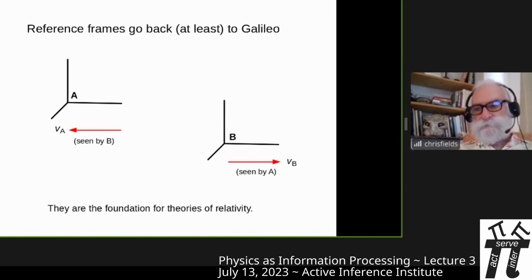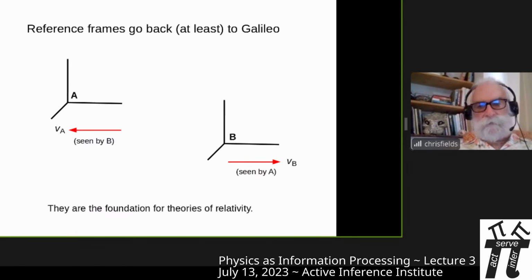And of course, with respect to the world, you're passing by it with some velocity. And this idea that velocity is not absolute, but is relative to some observer who measures it in some reference frame, is the foundation for theories of relativity.